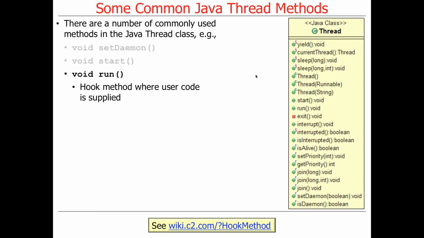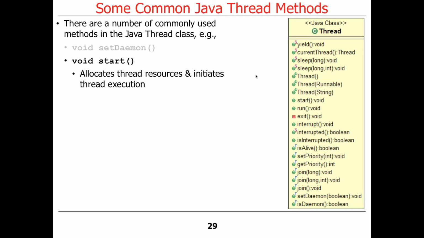A hook method is basically a virtual method or some type of method that's called back when some framework decides that it knows that something's happened, but it doesn't know what to do about it, right? So the thread framework doesn't know what your code will do, but it knows when it needs to invoke your code so that something that you write can happen. That's typically called a hook or a hook method. So start is what you or someone calls to initiate things.